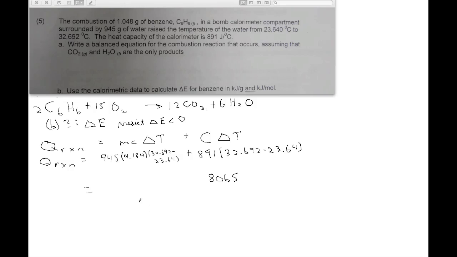and then that's equal to a negative 35,790.